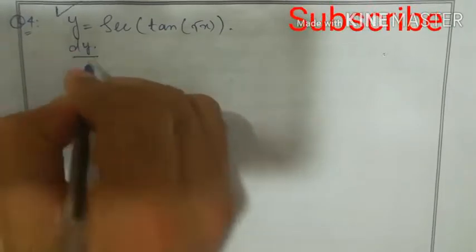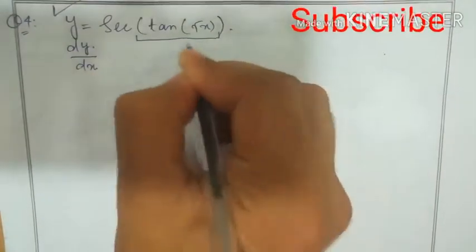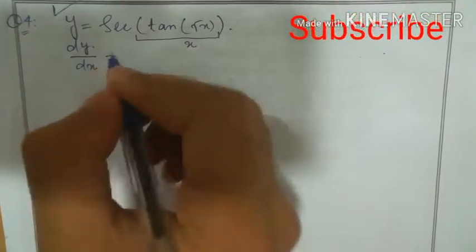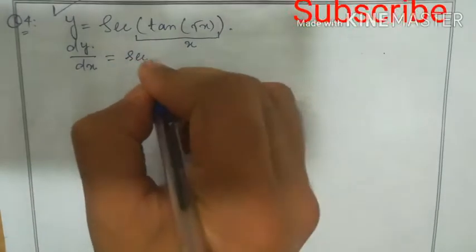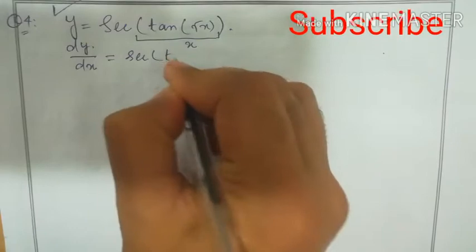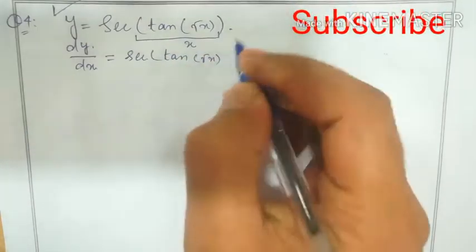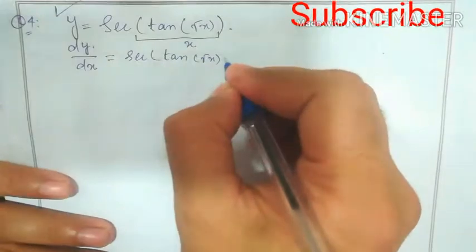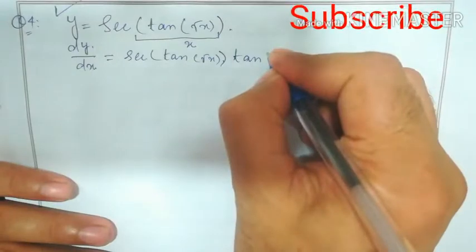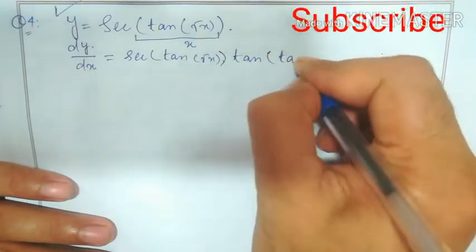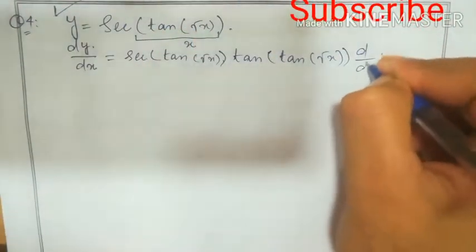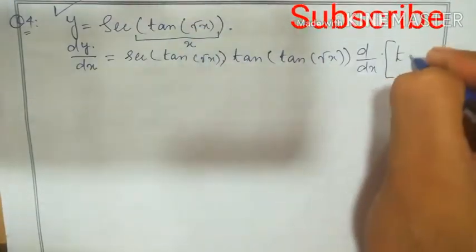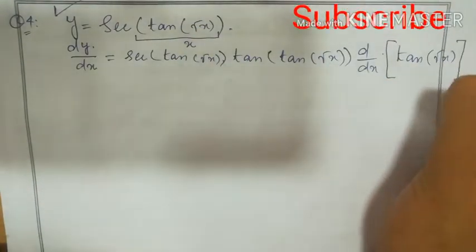dy divided by dx, just treat this as x, is equal to, so differentiation of sec x is sec x tan x, we know this. So in place of x is this full term tan under root x, sec(tan root x) tan(tan root x), and then differentiation of this inner term, d divided by dx of tan under root x.